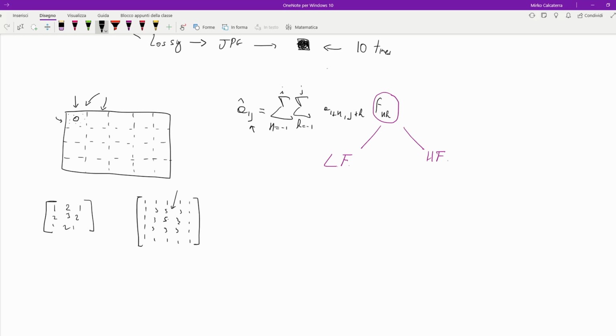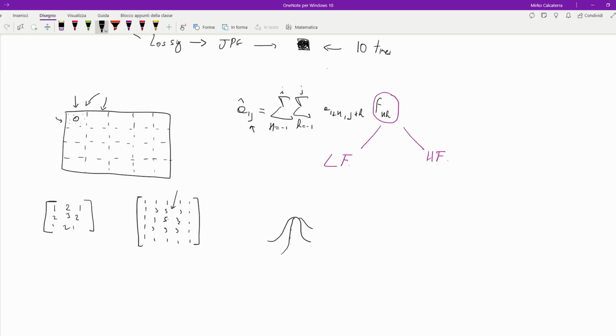I can also work with a Gaussian filter. So here let's think about a Gaussian in 3D. Maybe it is pretty difficult to write a Gaussian in 3D, but let's try. The values in the middle will have the biggest weight, and it will decrease going toward the boundaries.